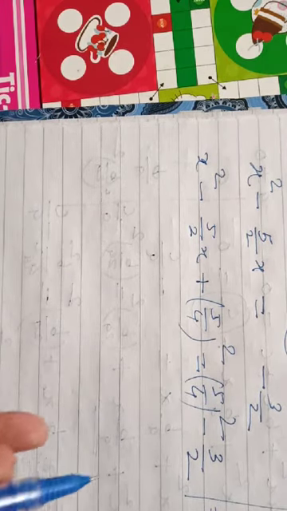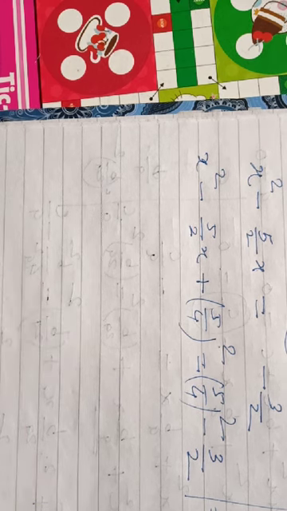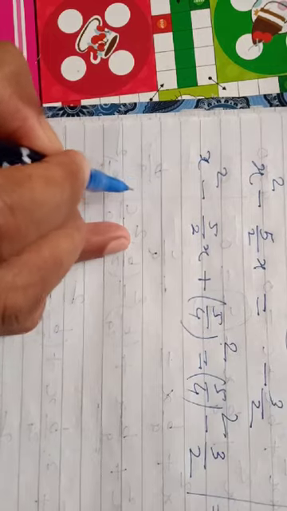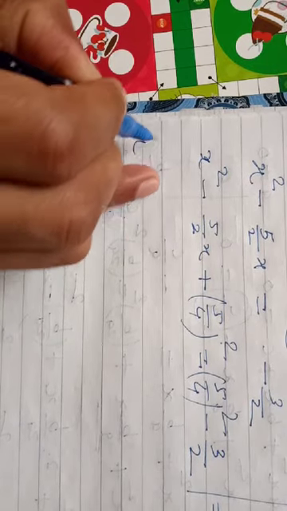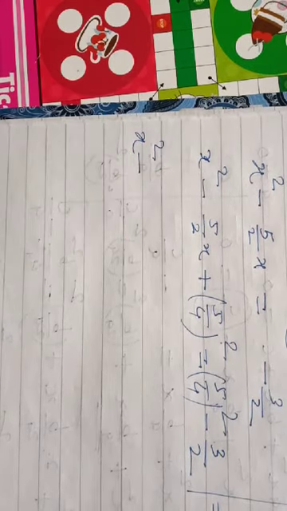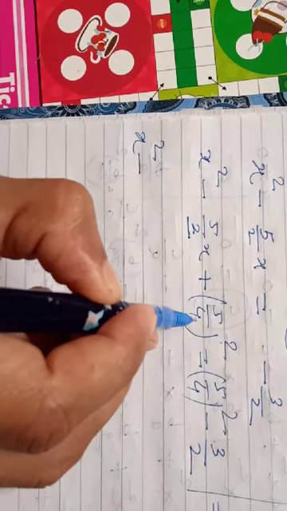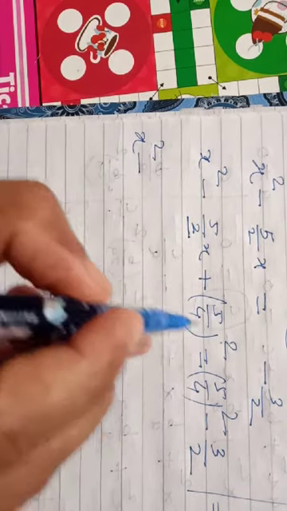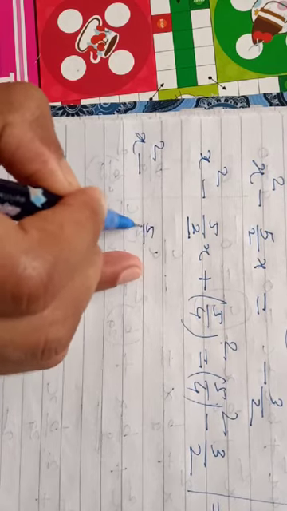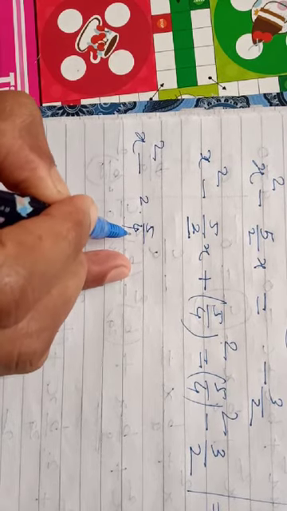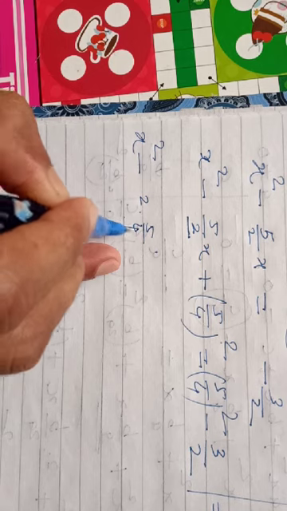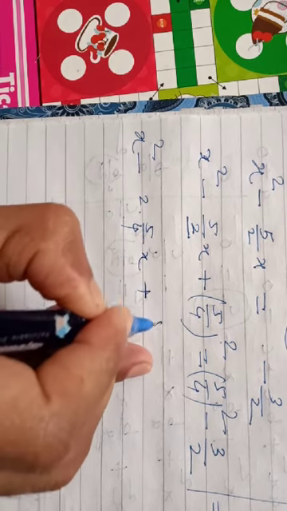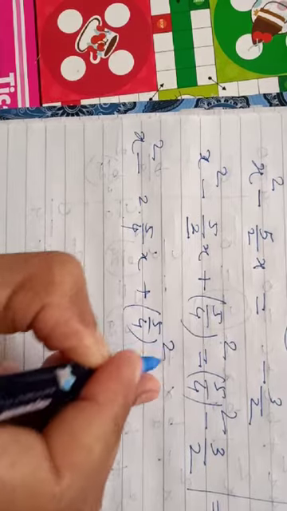But when you have some doubts, you can take one more step and write it like that: x square minus 2 into 5/4. Why? 2 into 5/4, 2 2 is 4, it means 5/2. Clear? x minus 5/4 whole square.